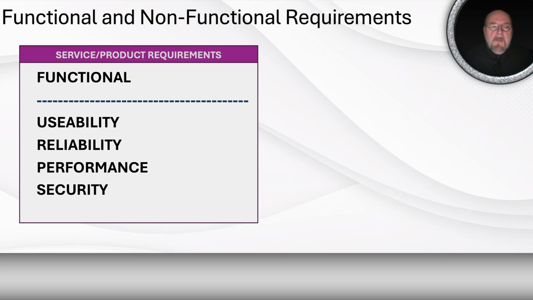Now, one of the ways that our user community might communicate the requirements to us is called FURPS. It stands for functional needs, and that's associated with utility. What the thing does, can it do the job? Can I be moved by a car from one side of the island to the other?